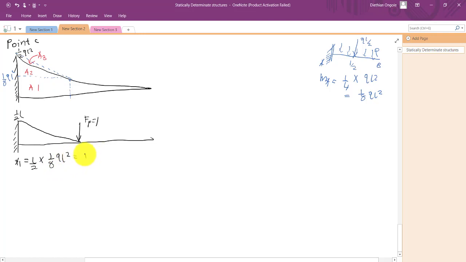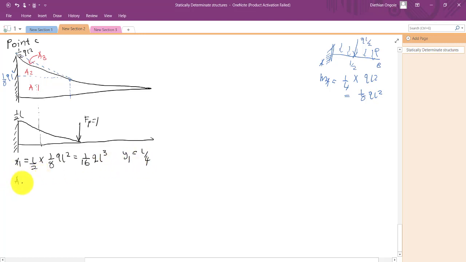This gives us 1 over 16 QL cubed. Then our y1, we shall take it from the center here, then you come and pull it downwards. Since this is L over 2, this will be L over 4. So even this side here would be L over 4. We come and use similar triangles and find out that this y1 would also be equal to L over 4.